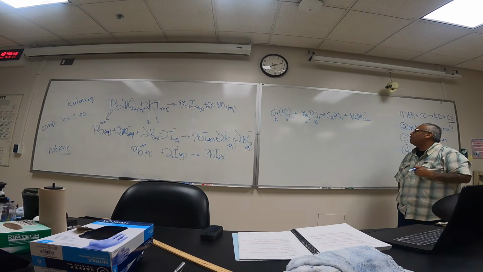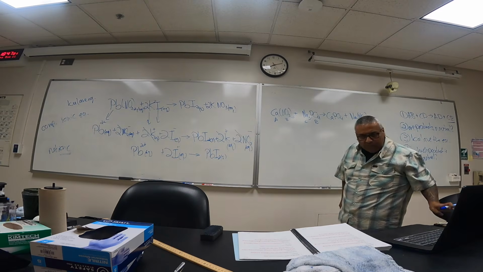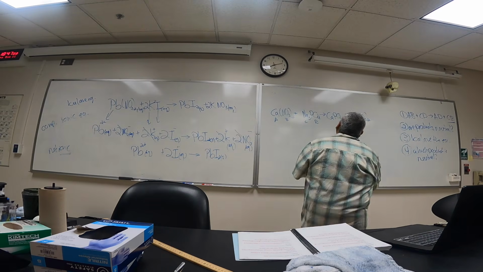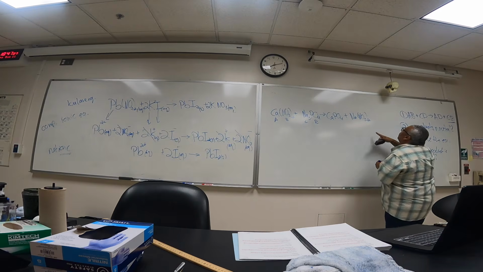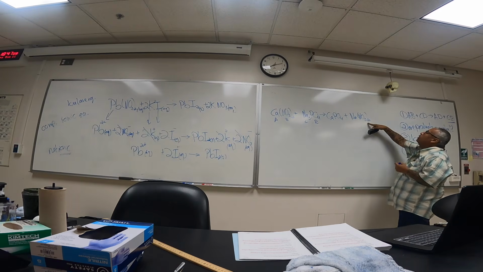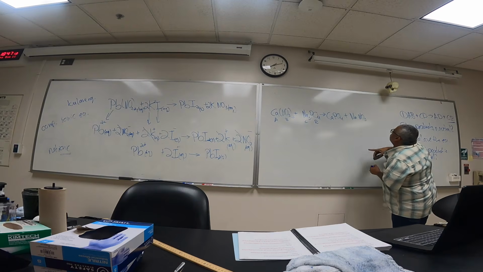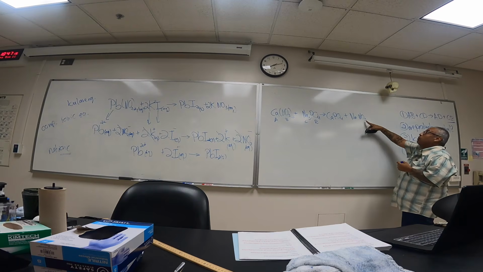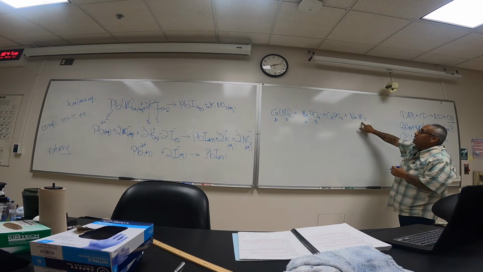No. Right? Do I need this 3 here? No. The 3 goes away because we're not going to bring that over. Do I need this 2 here? No. We can get rid of that one. Do I get rid of this 3 here? No. Yeah, this is what we need here. So we need to keep that one there because this is nitrate.